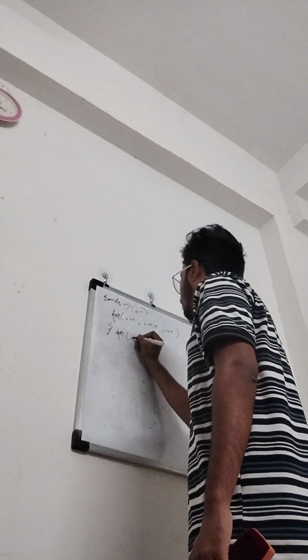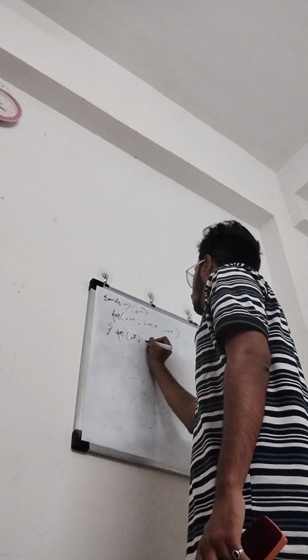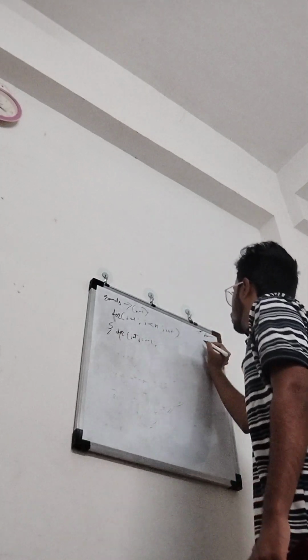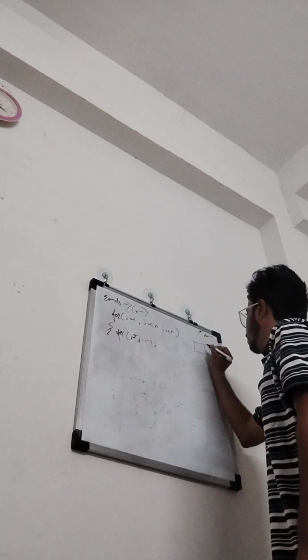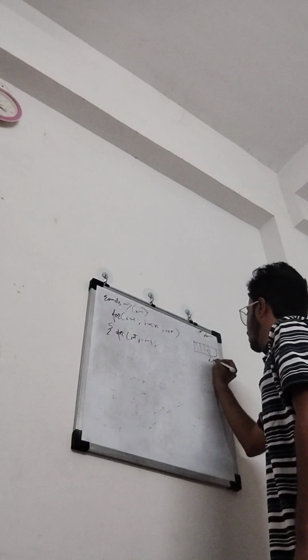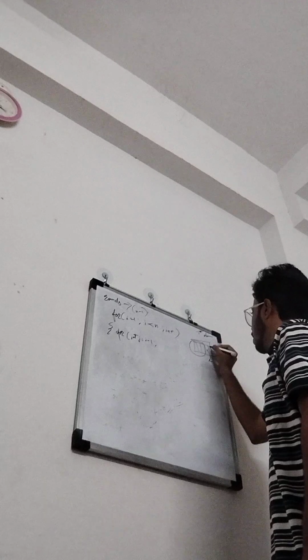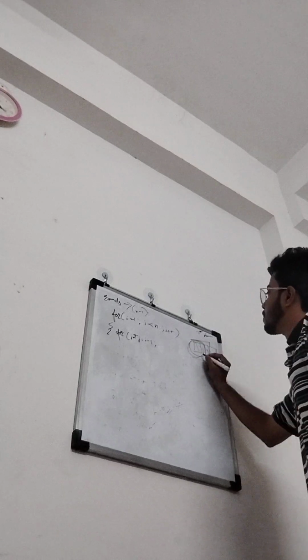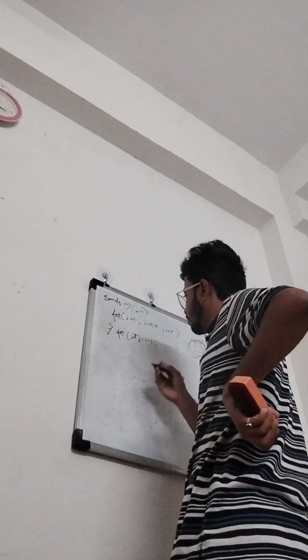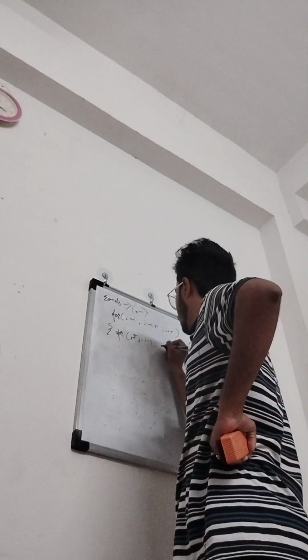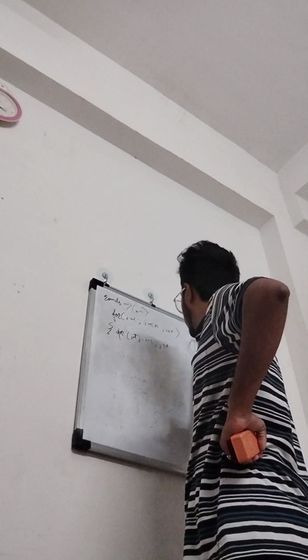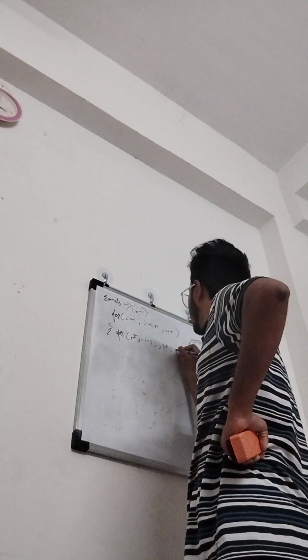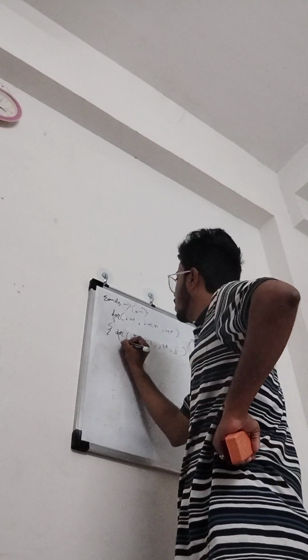I will write for int j equals i minus 1, suppose this is the element, so we are concerned only about this array and we'll compare with the elements of this array. Okay, and here you go, j greater than or equal to 0, till the first element we will compare, and j minus minus obviously.